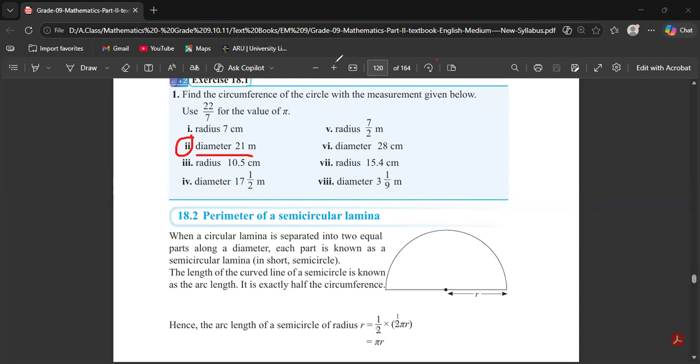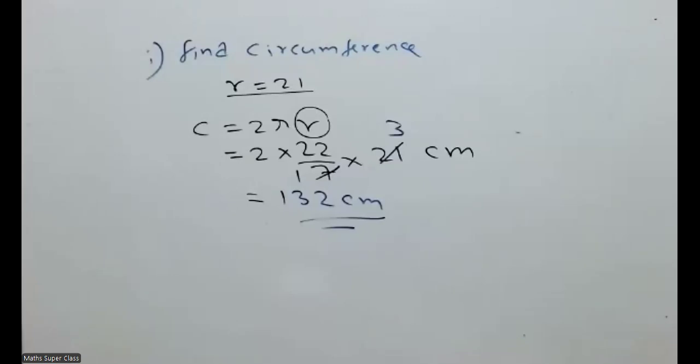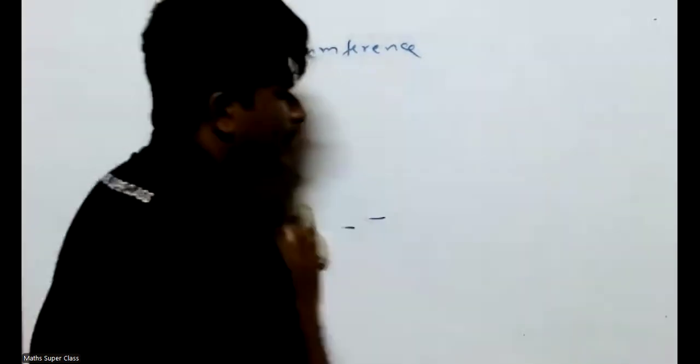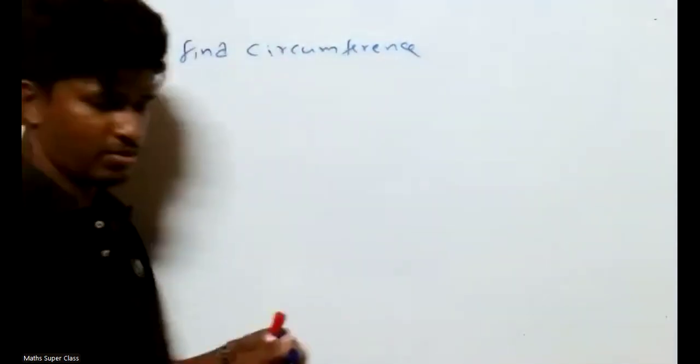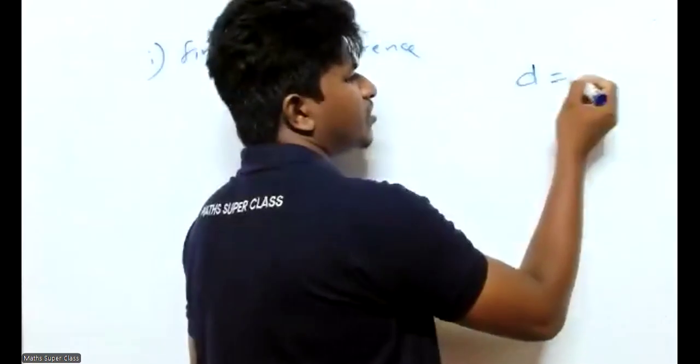Here, diameter equals 21 meters. What is the relationship between diameter and radius? D equals 21.